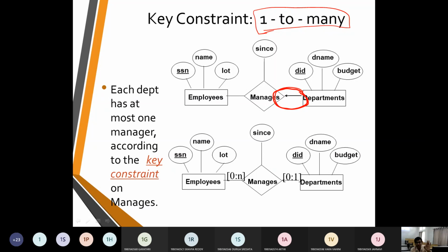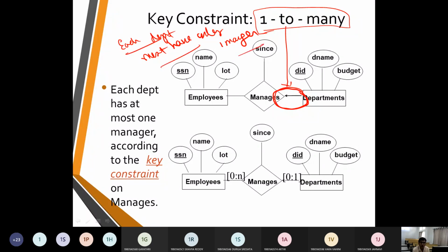Now for the first time, we are going to pose that we have a one-to-many relationship. So that is, each department can have only one manager.